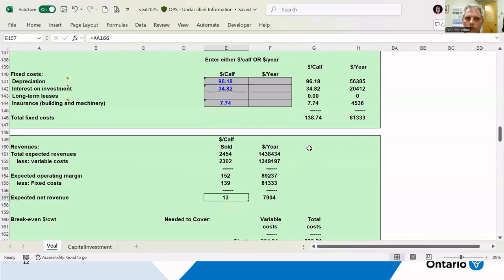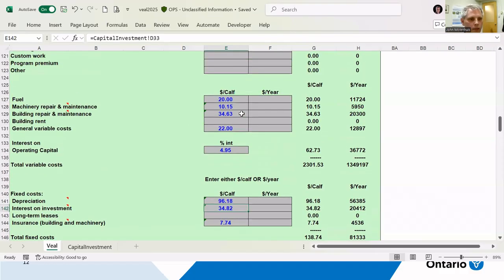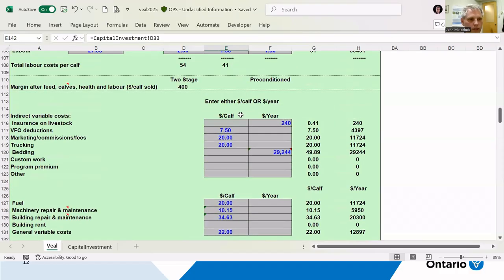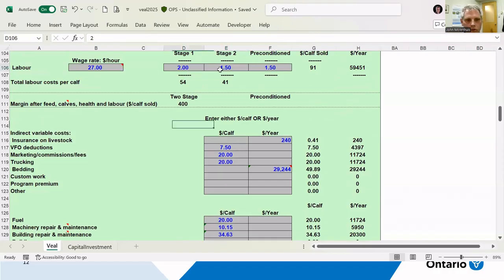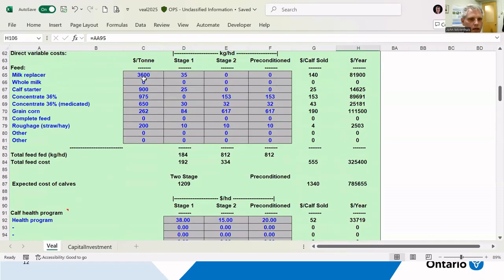So if you're looking to do it a little bit more on a cost basis, you can do your loan financing portion here, and you can have a labor portion. You can put just your paid labor in here to get to a cash amount for that labor. And on the feed side of things, these costs can be on a cost to produce basis, the dollar per ton.